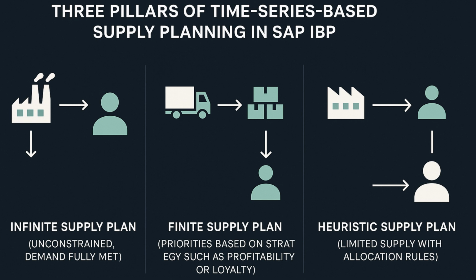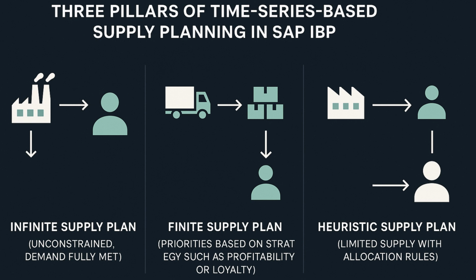Sometimes companies may apply a hybrid rule where a combination of factors, profitability, customer type, geography, or product segmentation, determine the allocation. The system follows these predefined rules to split the available supply among customers A, B, C, or D.